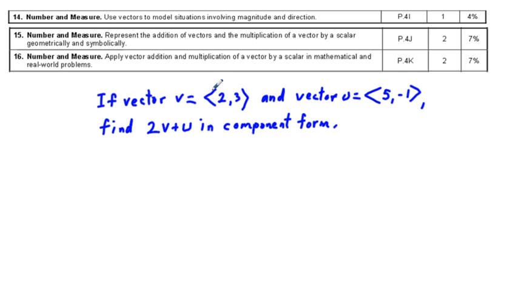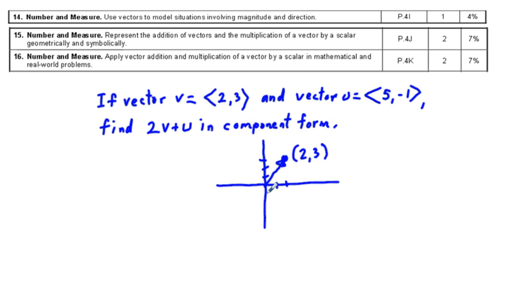You notice that I said 2 comma 3. Well, in vector notation, these brackets signify that you have a vector. So if we go to the right 2 and up 3, this would be our vector v. It's going to be just an arrow, and it's going to end up here at 2 comma 3.